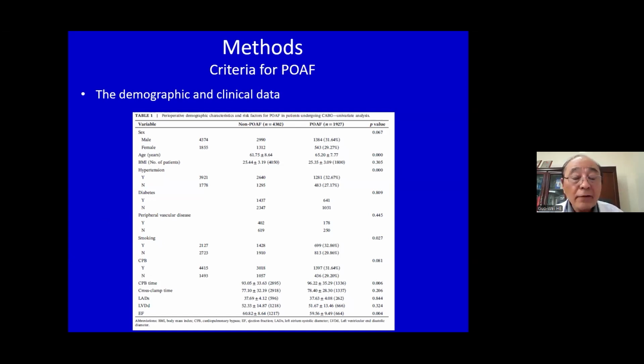In the POAF group, the patients were 65, and the P value is statistically significant. This includes BMI, hypertension, diabetes, peripheral vascular disease, and other demographic data. The main differences are the age, hypertension, and smoking history.